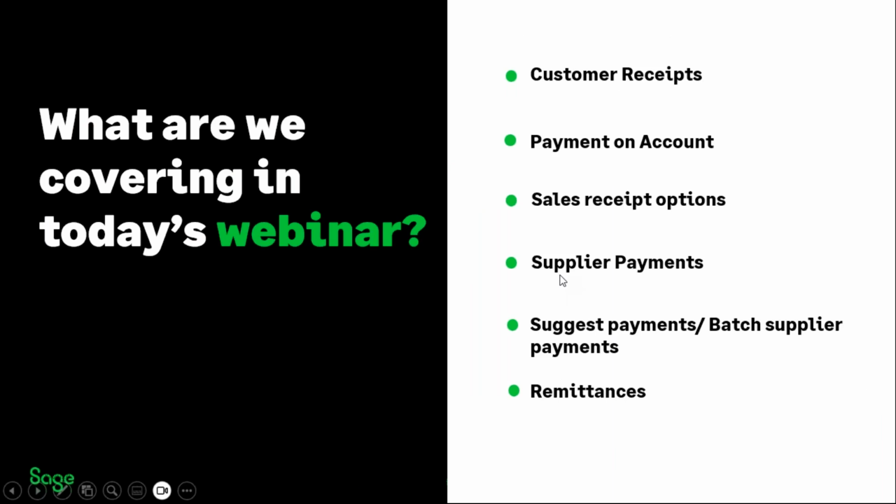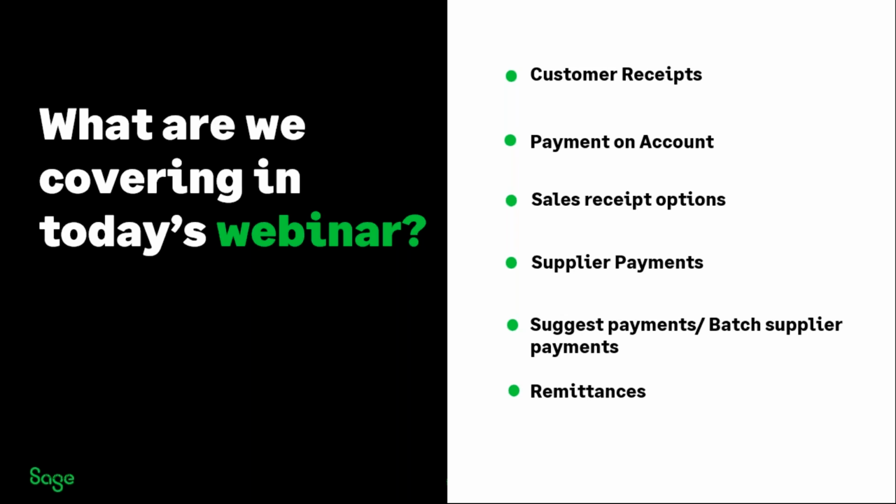So what we're going to be covering in this session, we are going to start off with some of the basics. We are going to talk through how to process customer receipts, and then we're going to look at payments on account. And then we're going to look at some of the sales receipts options that you have available to you. So we're looking at some of the alternatives for not only processing the payment in Sage, but also actually taking that payment as well.